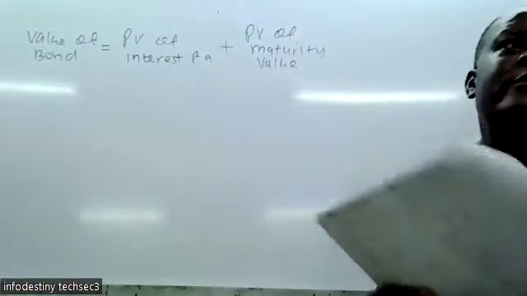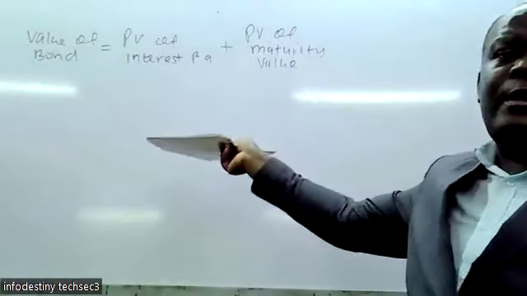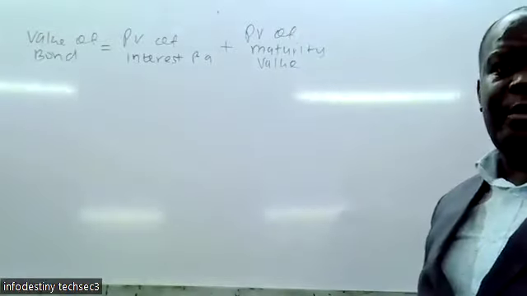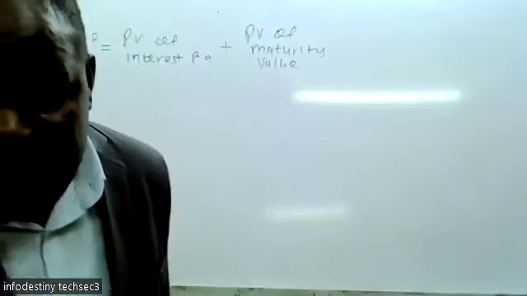So to get the value for that bond, you get present value of the interest per annum. Then we add present value of the maturity value. So the first thing we shall do is to compute the interest.